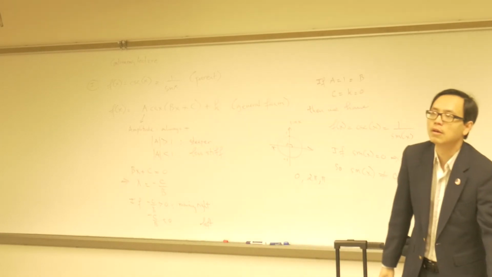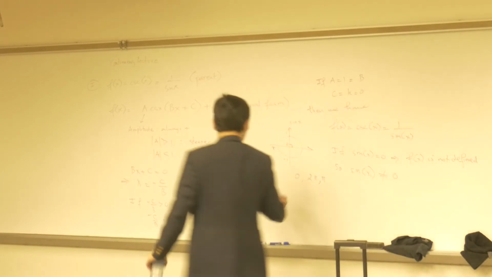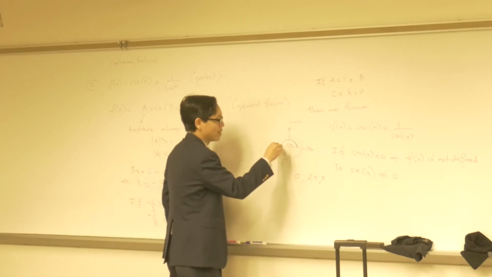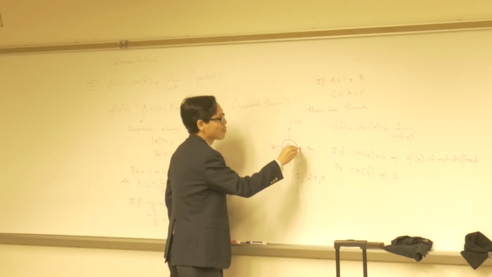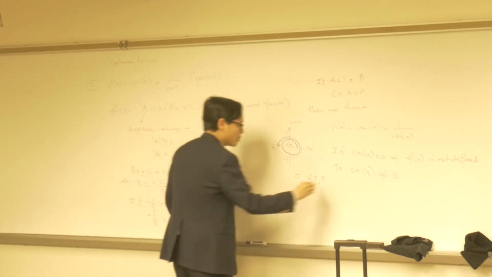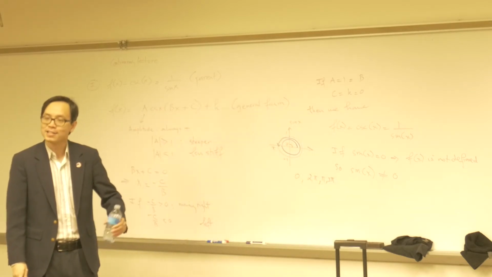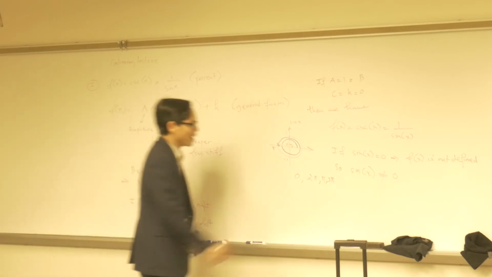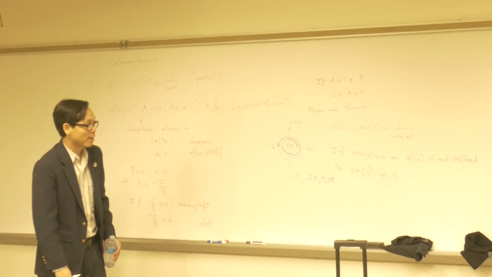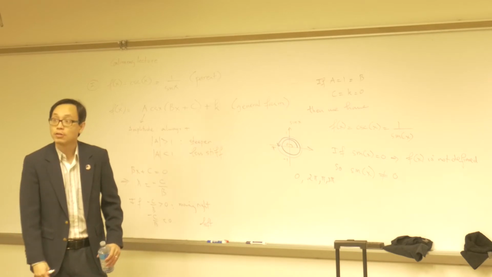Could we use 3 pi also? Yes, because just imagine 1 pi, 2 pi, 3 pi goes back to this position. So 3 pi works, and maybe 4 pi also, and 5 and 6. If I let k represent from 1 to n, I can write a general solution for that.